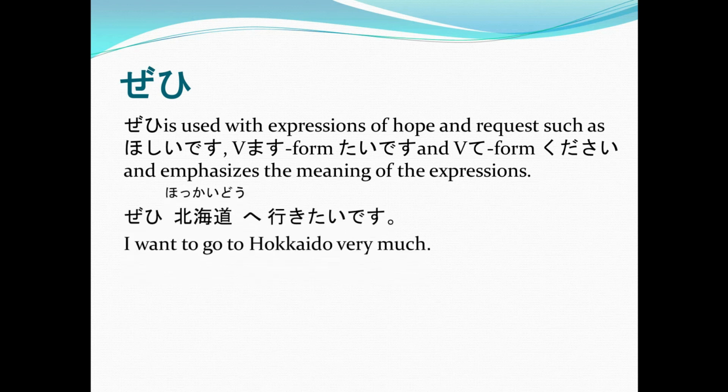Example, Zehi Hokkaido e ikitai desu. Again, Zehi Hokkaido e ikitai desu, or I want to go to Hokkaido very much. See, expressing a hope or a want. That's why we use the verb tai desu, or want to go.